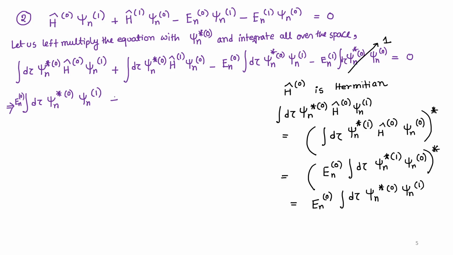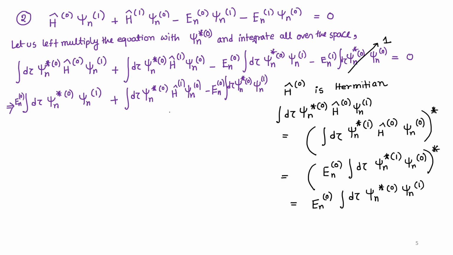Now the second term will be the same as previous, and this third term is also the same as previous. But now see, the first term and this part are equal but have opposite signs.